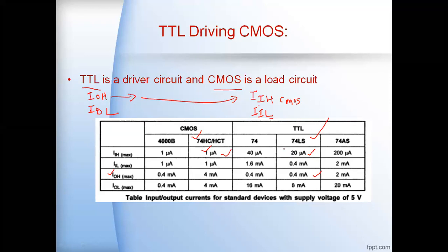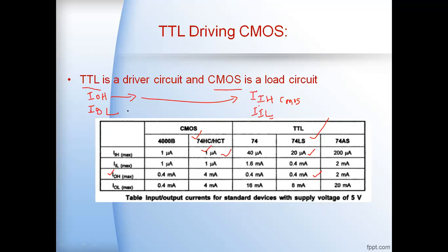So for this condition, the TTL output current is easily compatible with the CMOS input, because the 20 microamperes can easily handle the 1 microampere. It is not at all a problem if you connect the CMOS input to the TTL gate.